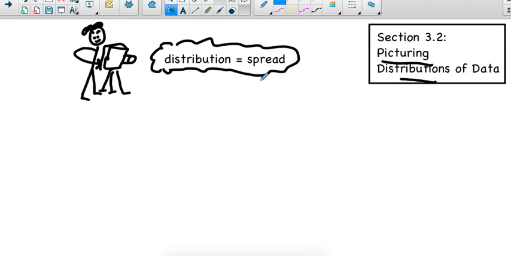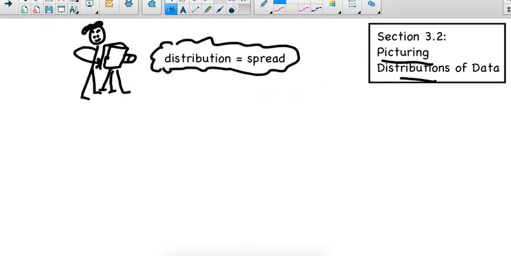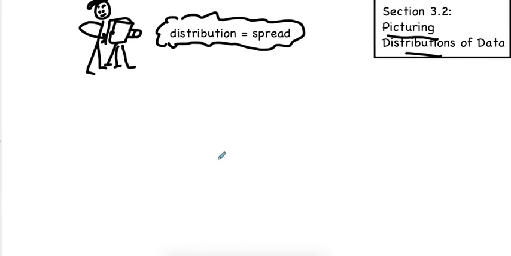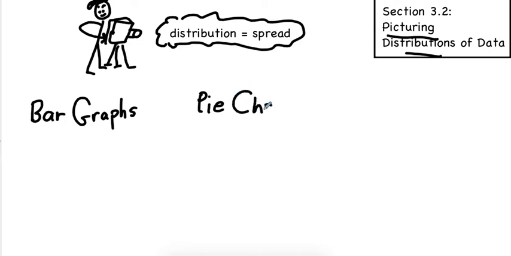Now we're going to look at 4 different categories, 4 different types of pictures. We're going to look at bar graphs, the typical bar graph and then 2 more varieties of bar graphs. We're going to look at pie charts. We did some of these when we did our environmental study in class.